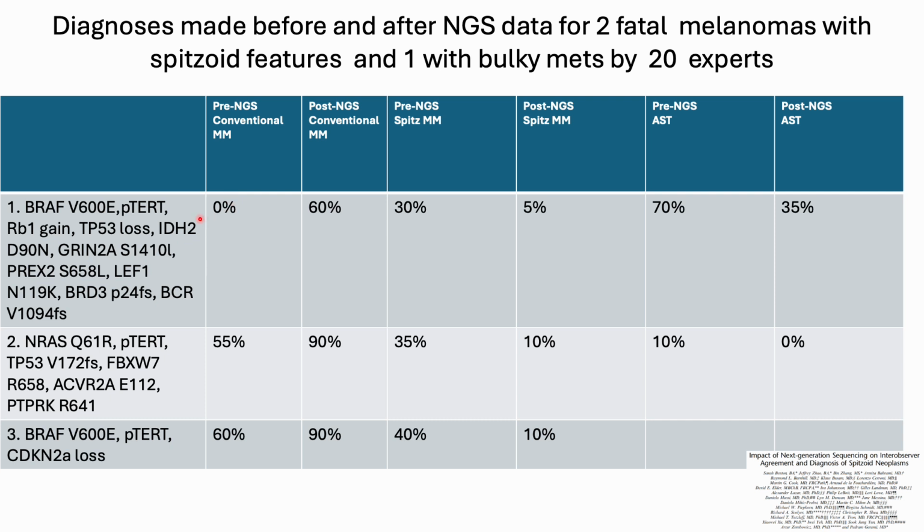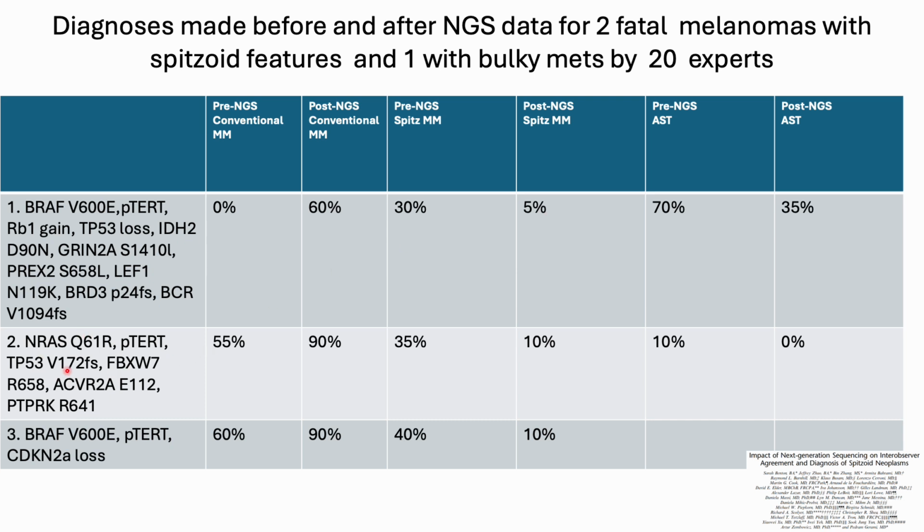None of the experts diagnosed conventional melanoma pre-NGS. After that, it rose to 60%. Of course, with the BRAF driver and these other pathogenic mutations, that should go up to 100% if you agree with the WHO 2018 classification. Pre-NGS, 30% thought Spitz melanoma, and that dropped to 5% post-NGS.